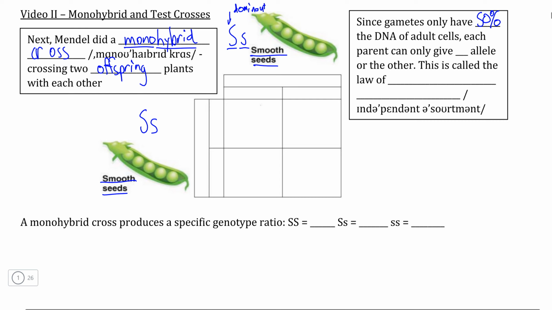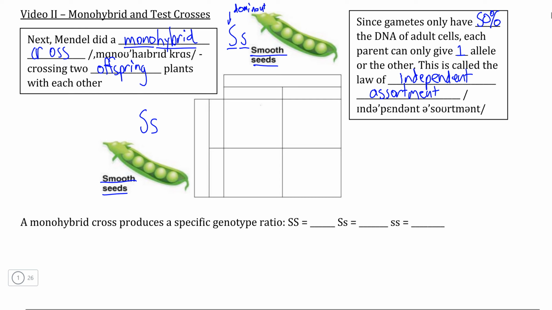Because of the law of independent assortment, Gregor Mendel was actually the first biologist to coin this term, even if he didn't know the biological basis in meiosis for why this happens. The law of independent assortment dictates that when a plant or any sexually reproducing organism makes gametes, they can only give one allele of the two alleles that they have.